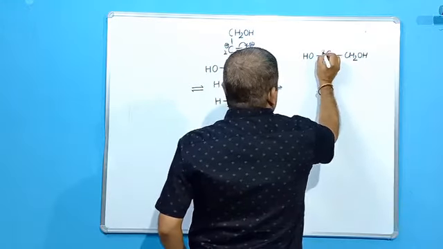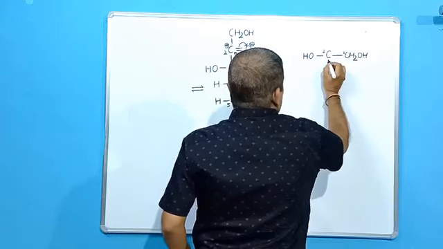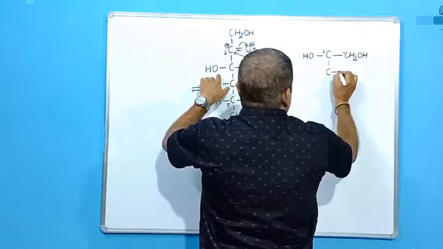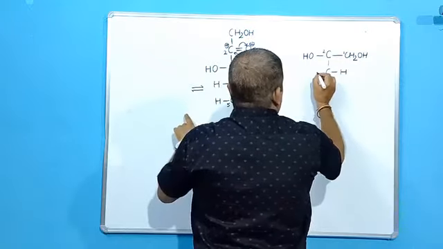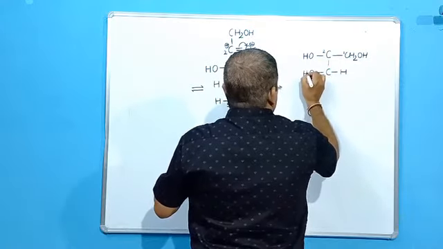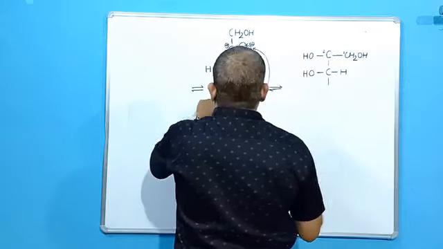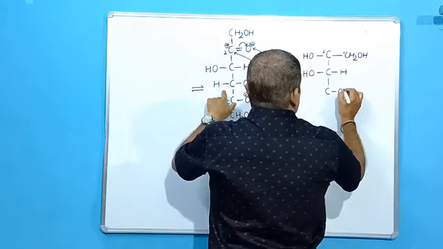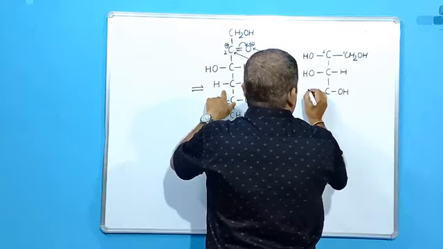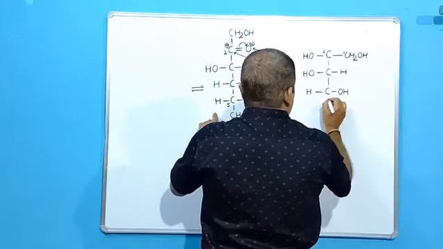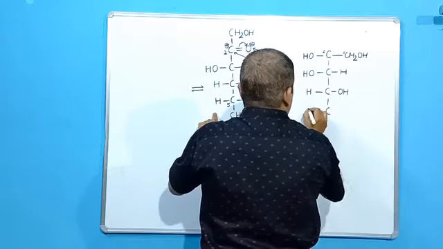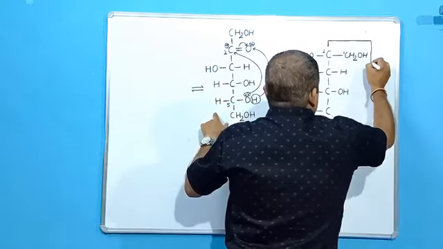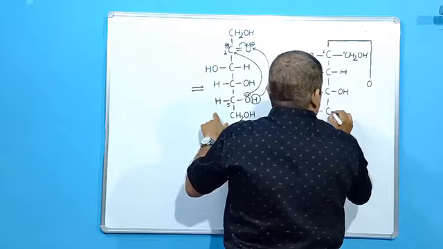Then the remaining are unchanged: at the third carbon atom CHOH, the fourth one COH, H, the fifth one CH, and the linkage has taken place with respect to the fifth carbon atom.